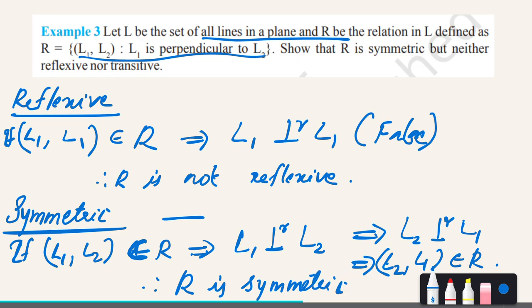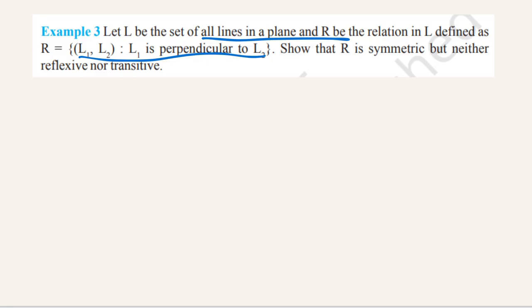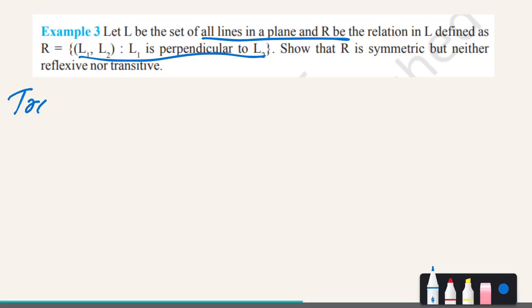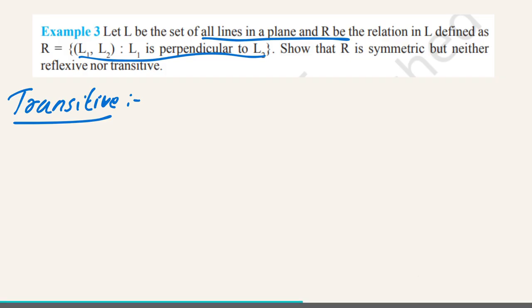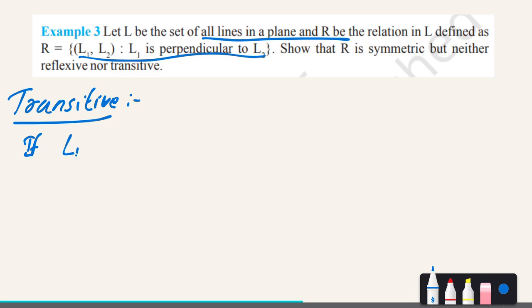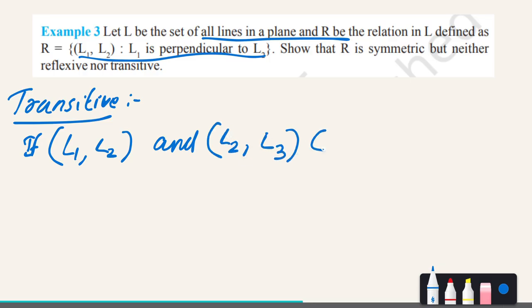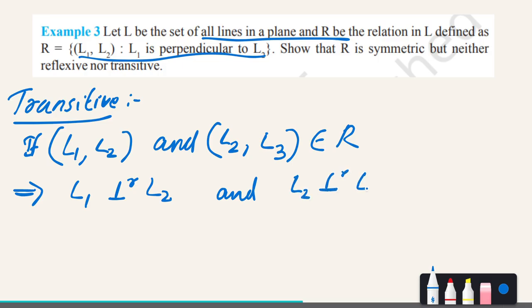Now we have to check transitive. Next, we have to check whether the relation is transitive or not. For that, we need to consider two pairs. If (L1, L2) belongs to R and (L2, L3) belongs to R. So (L1, L2) belonging to R means L1 is perpendicular to L2, and (L2, L3) belonging to R means L2 is perpendicular to L3.